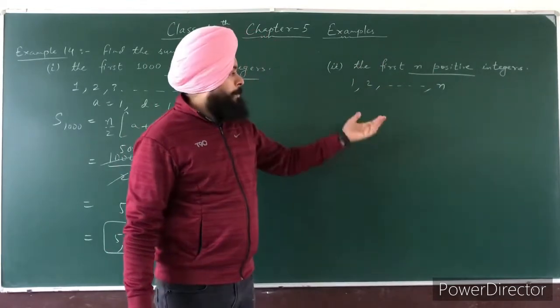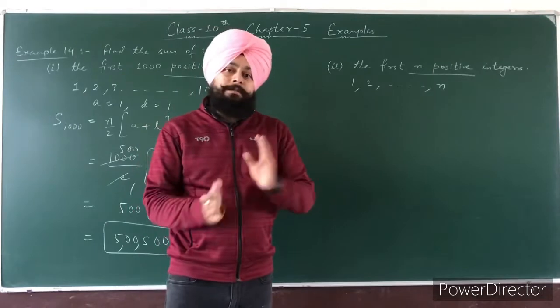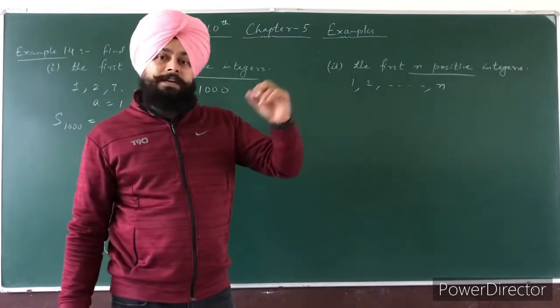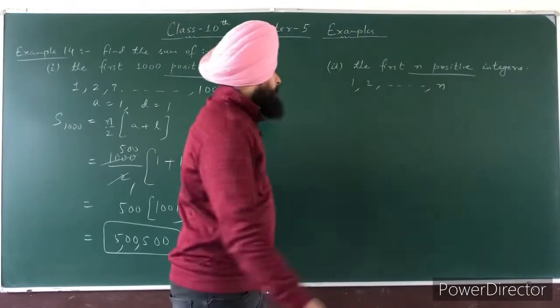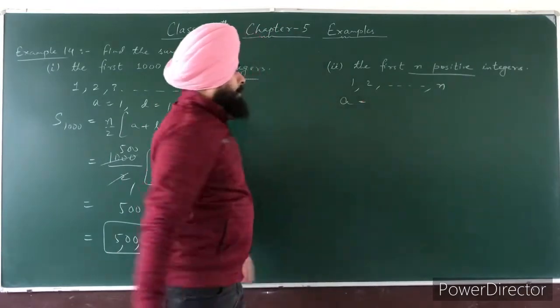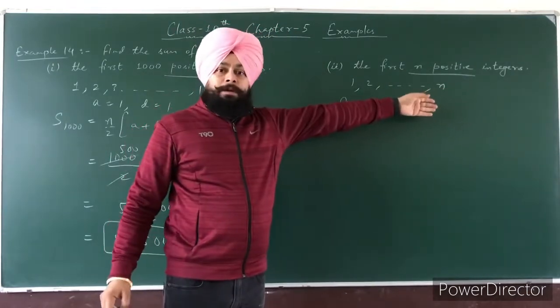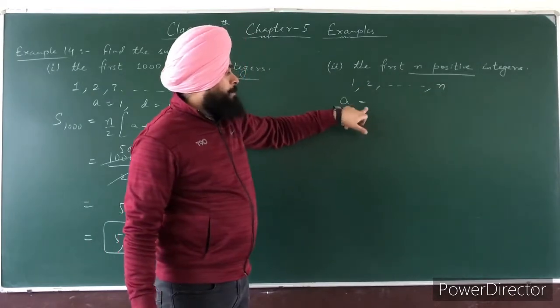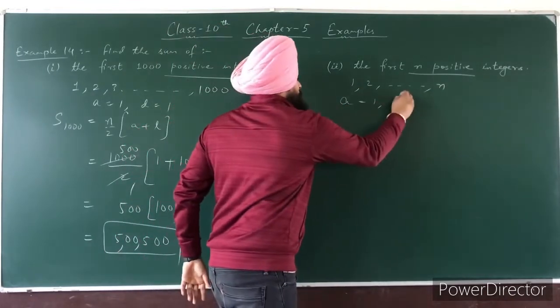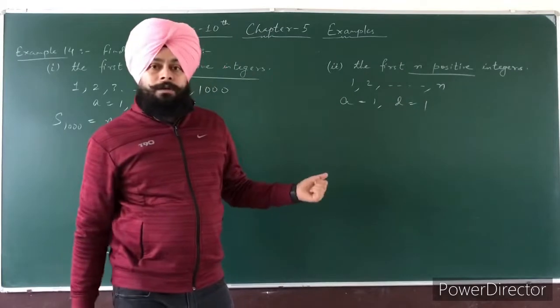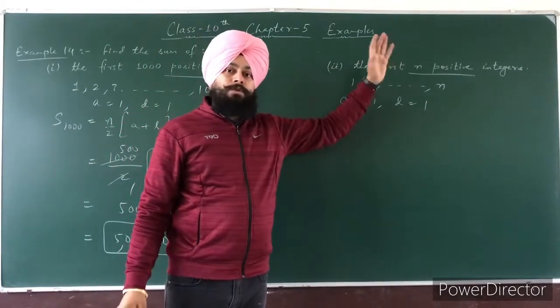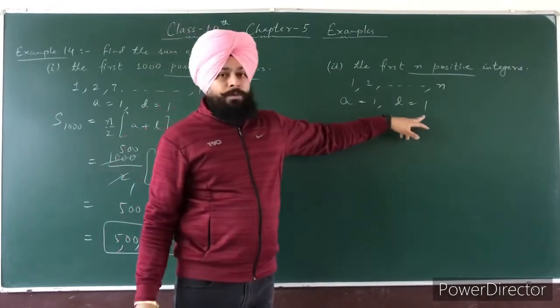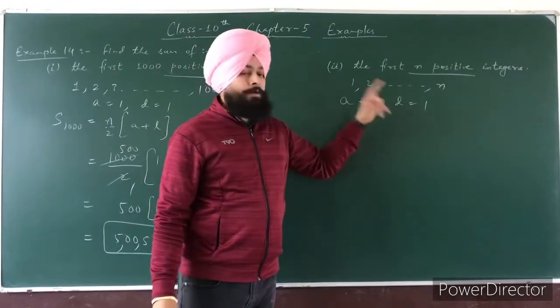Here also you have to find the sum of n positive integers, so you will denote the last term by n. Again, the given series is in AP. The first term is 1, and the common difference is also 1, because 2 minus 1 is 1, 3 minus 2 is 1, and so on.